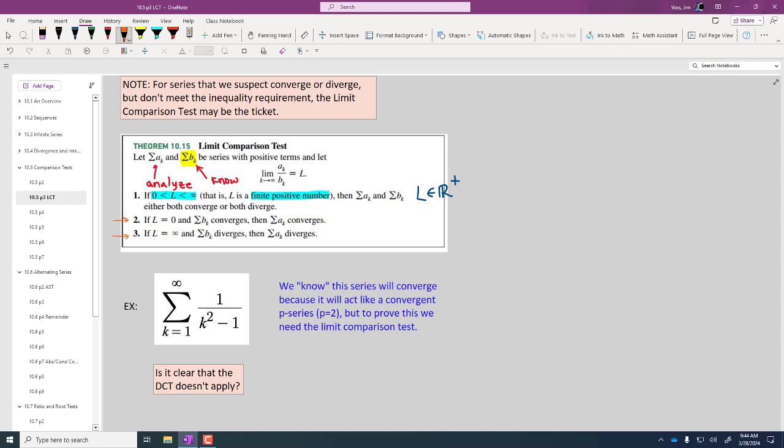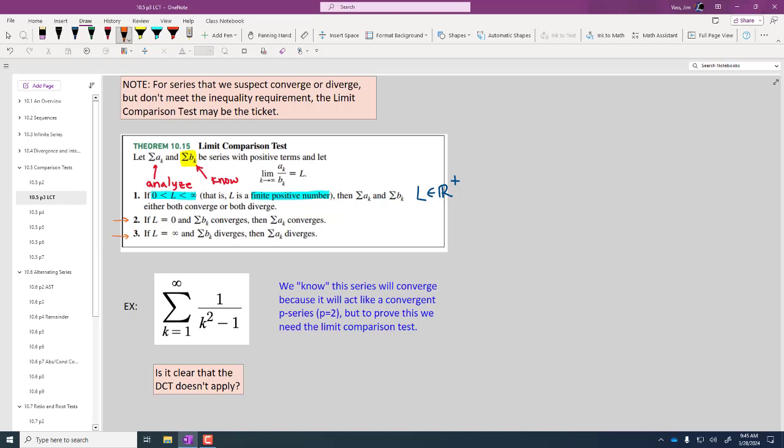So if the limit is 0, and we're trying to analyze the a sub k series, and we suspect that the a sub k series converges, we always are going to choose converge and converge or diverge and diverge. So if we suspect the a sub k series converges, we're going to choose a b sub k series that converges.